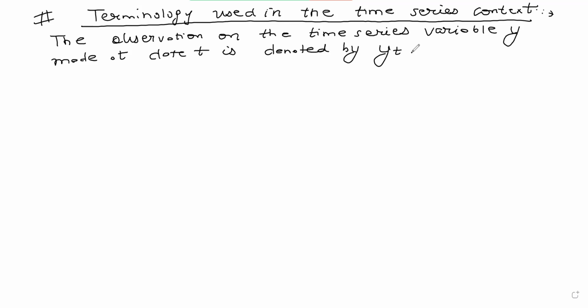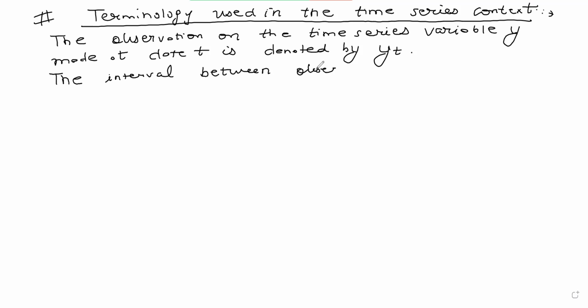Now the date t can be a month, a day, an hour, a year, etc. And I can further write the interval between observations.